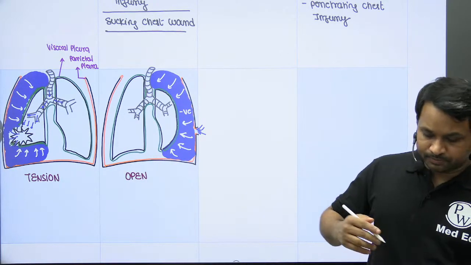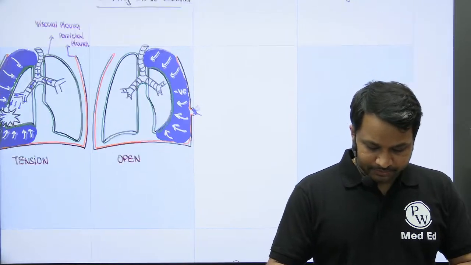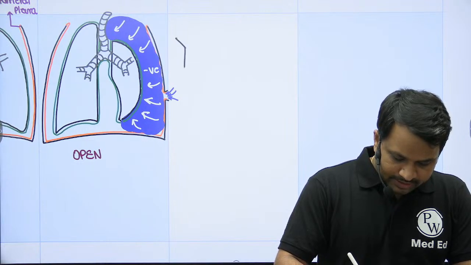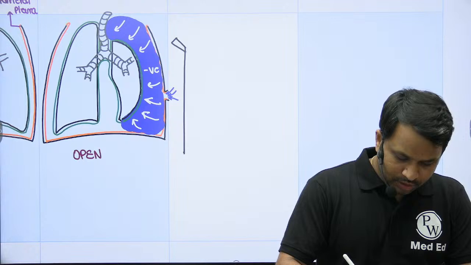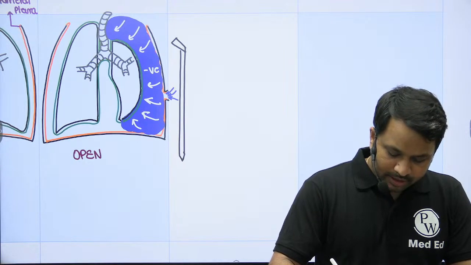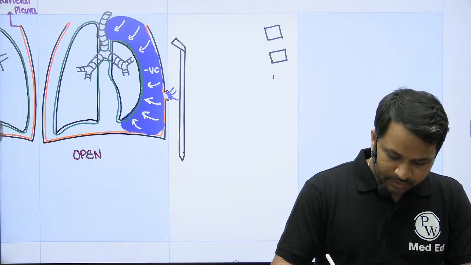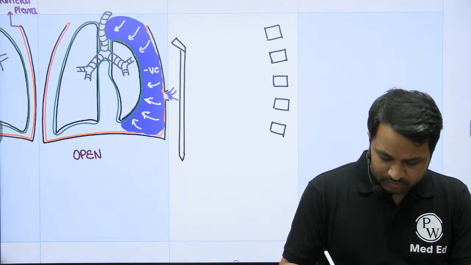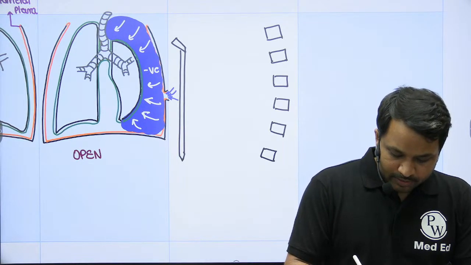Now, on the other hand, what do we mean by flail chest? For flail chest, let's say this is the suprasternal notch, and this is the sternum, right? And these are your thoracic vertebrae, and let's say these are the ribs that are attached.